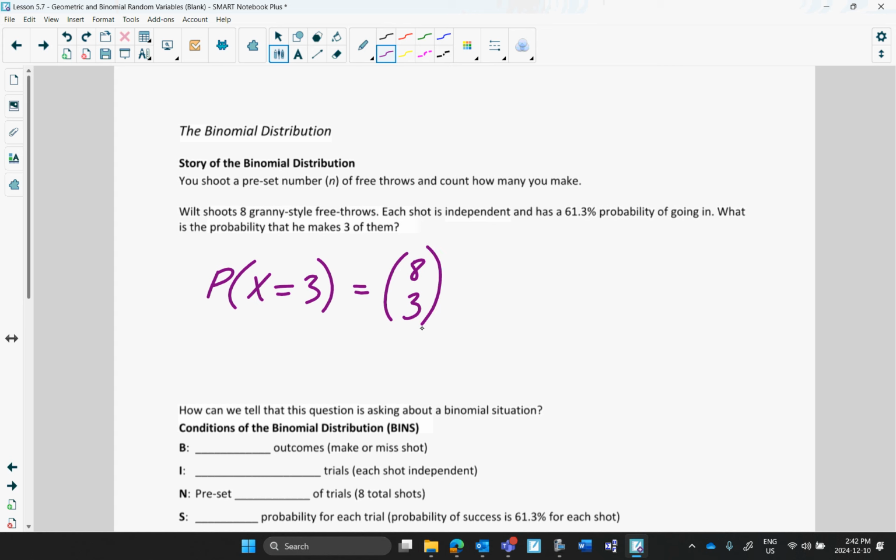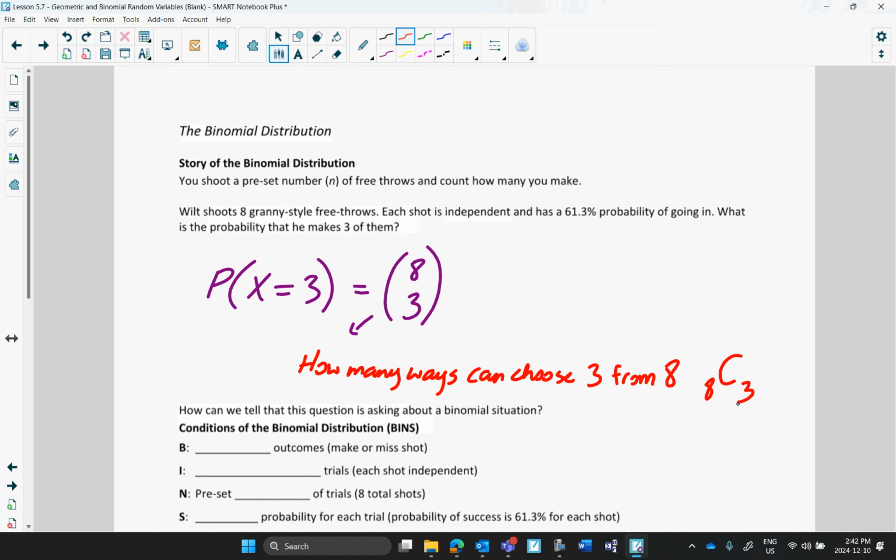The other notation for this means how many ways can I choose 3 from 8? Or another notation is out of 8, how many ways can I choose 3? That's maybe what you recognize.